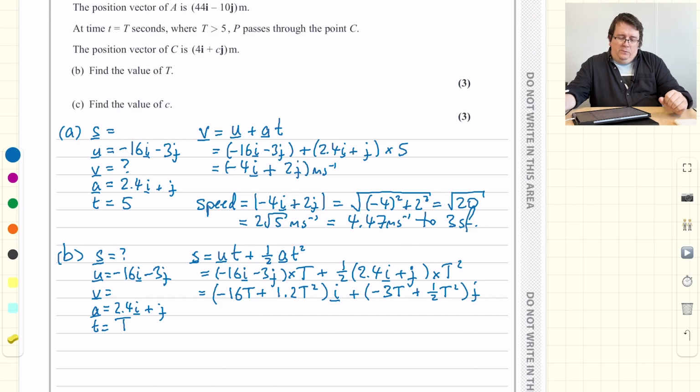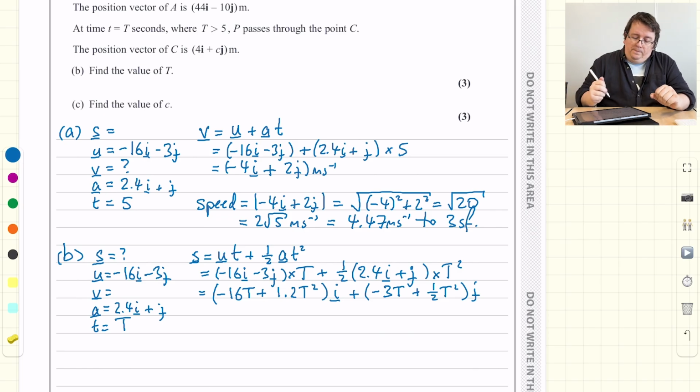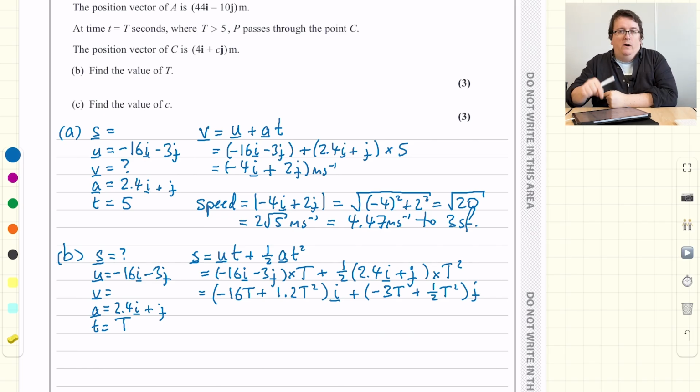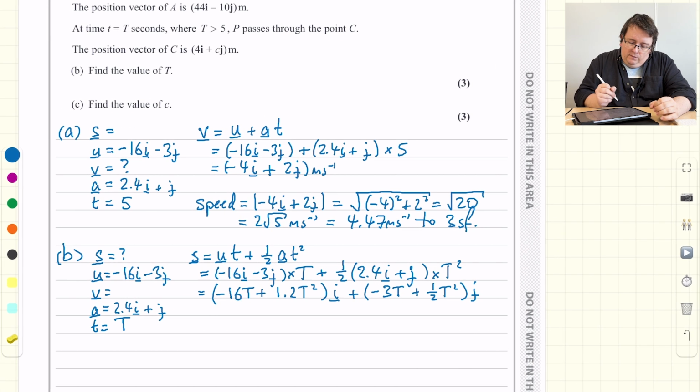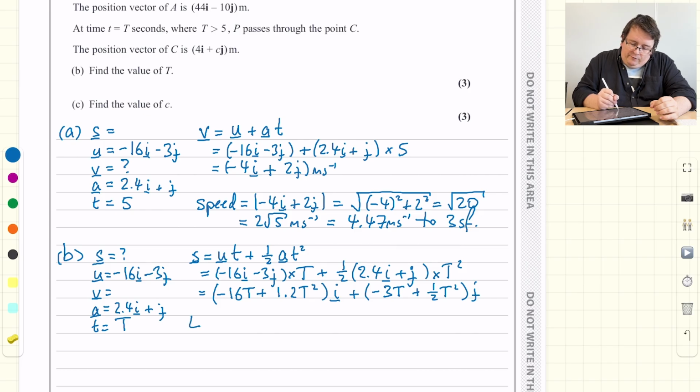Okay, so we know the position vector of A, and we know part of the position vector of C. So 44i take away 10j is where we're at A. If we add on the displacement vector, which we've just worked out, we will get to C. So in the horizontal direction, we will have 44, so that's from the 44i, plus the horizontal component that we've just worked out, which is minus 16T plus 1.2 T squared.